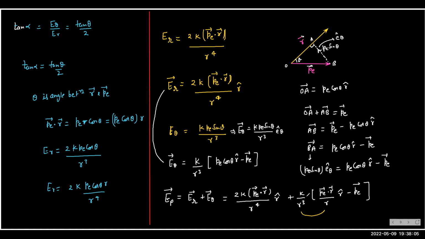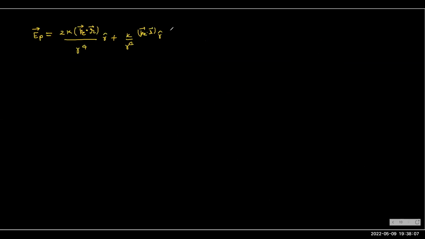And then the last term is k by r cube p. Understood? Yes. So if you add these two terms, what you get is k by r power 4 into 3 times p dot r, minus k by r cube into p. Understood? Yes, sir.